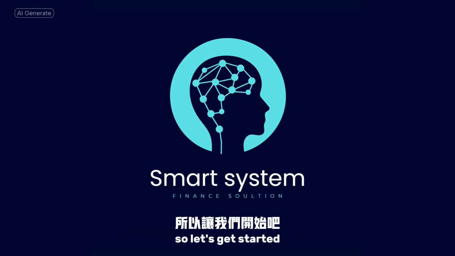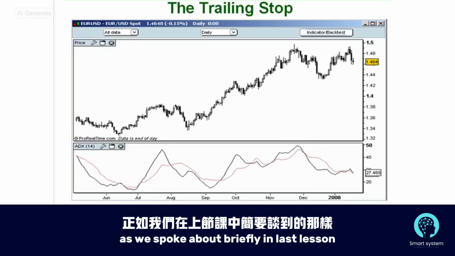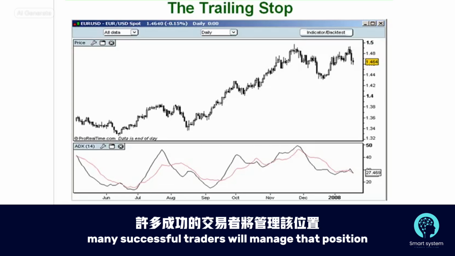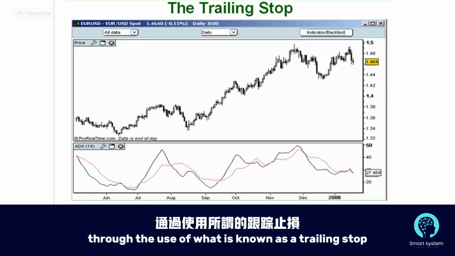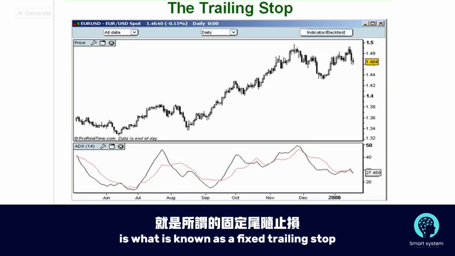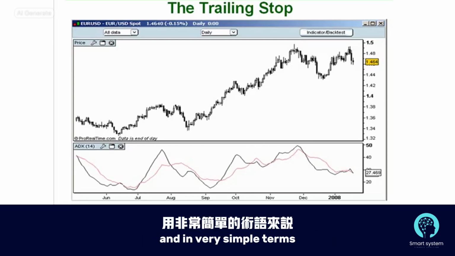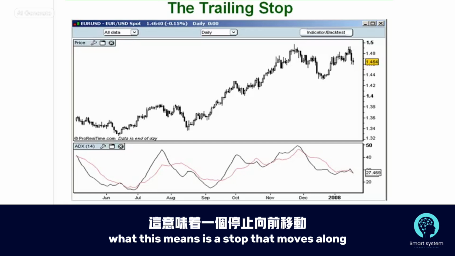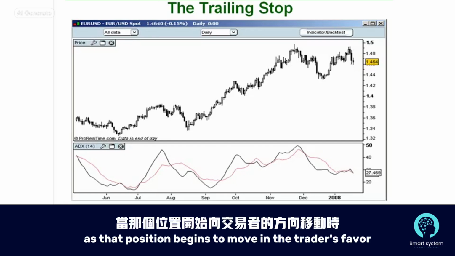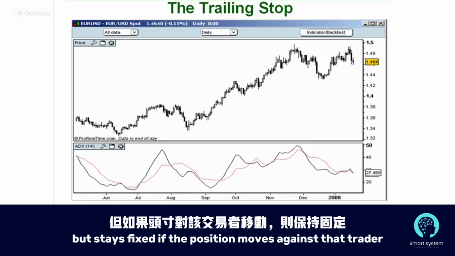So let's get started. As we spoke about briefly in last lesson, once a position has begun to move in a trader's favor, many successful traders will manage that position through the use of what is known as a trailing stop. The simplest type of trailing stop is what is known as a fixed trailing stop. In very simple terms, this is a stop that moves along behind a position as that position begins to move in the trader's favor, but stays fixed if the position moves against that trader.